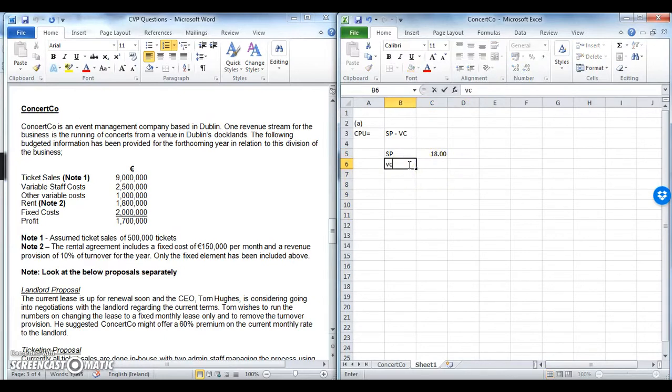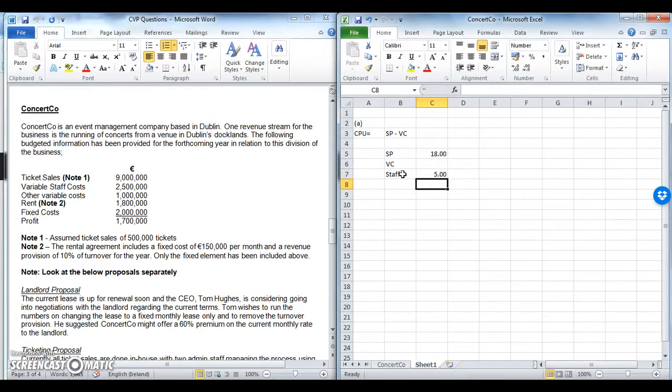Now we're looking for our variable costs. First variable cost is staff. You're told it's 2,500, or 2.5 million, should I say, and it's still over 500,000 tickets. Remember, CVP analysis assumes all the variable elements move in direct proportion to one level of activity, which in this case is tickets.